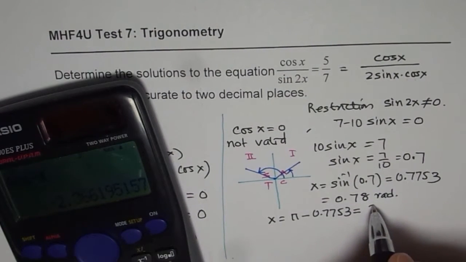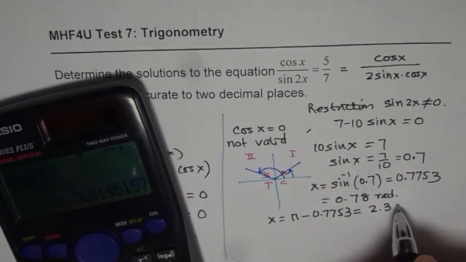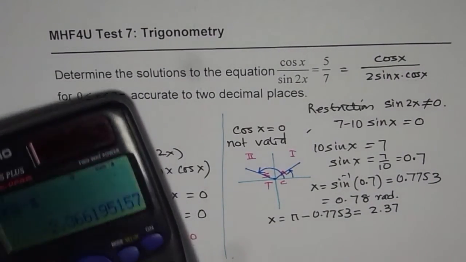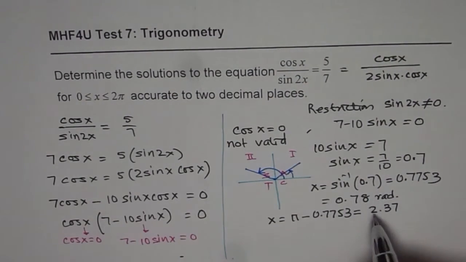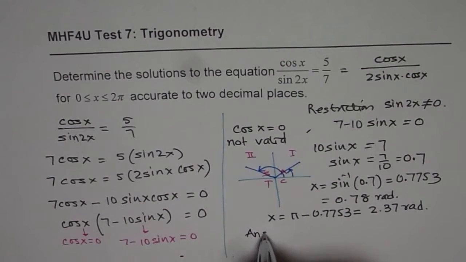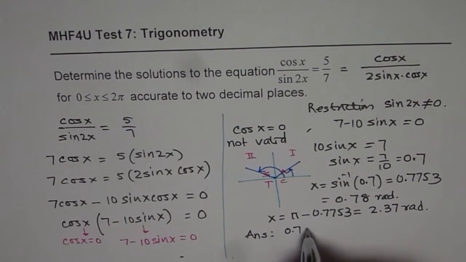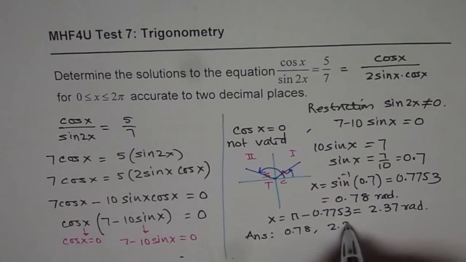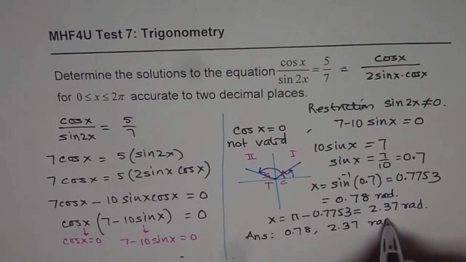So we get this as 2.366, which could be rounded to 2.37, right? So 2.37 is the other angle, the principal angle. So we have two answers here. The answers are 0.78 and 2.37 in radians, correct?